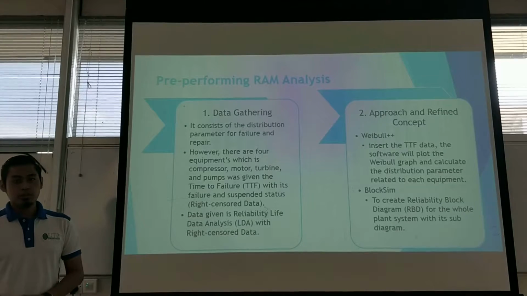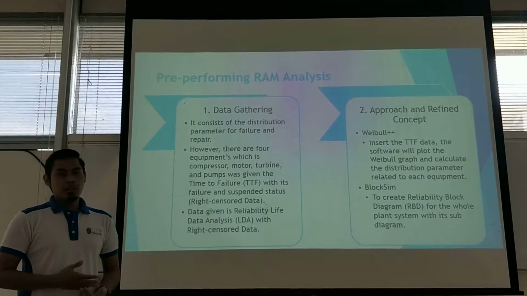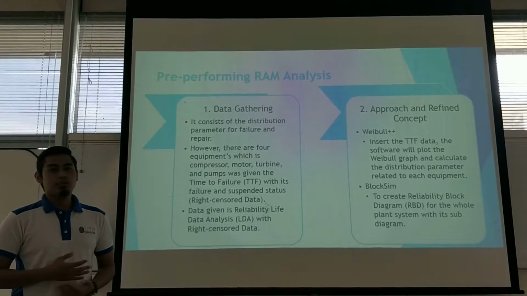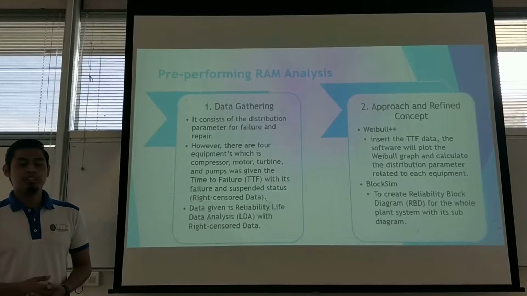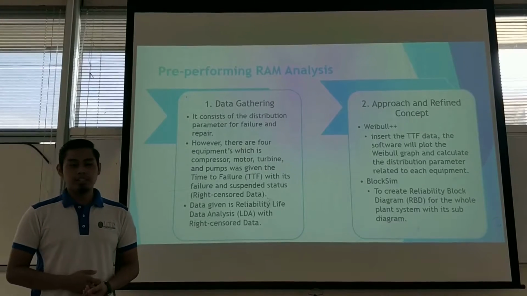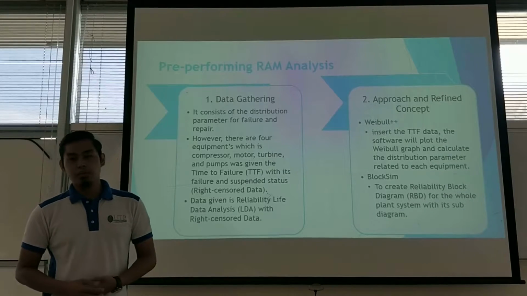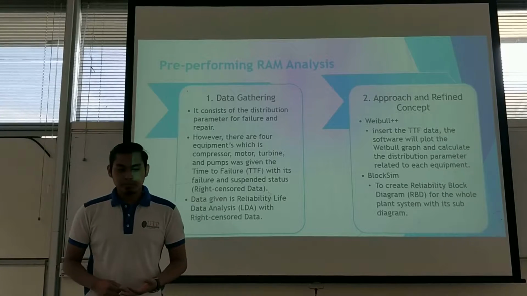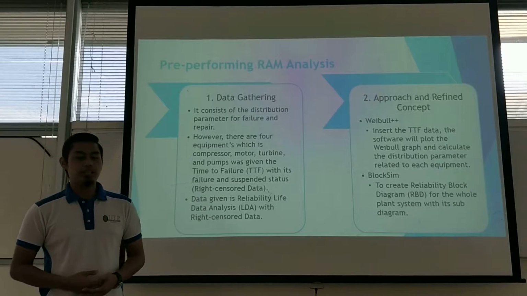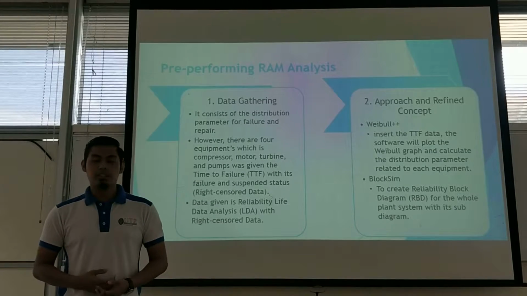So first we go to the data gathering. The data that we get from our lecturer consists of the distribution parameter for failure and repair. However, there are 4 equipments, which is compressor, motor, turbine, and pump, that were given the time to failure only with each failure and suspended status.